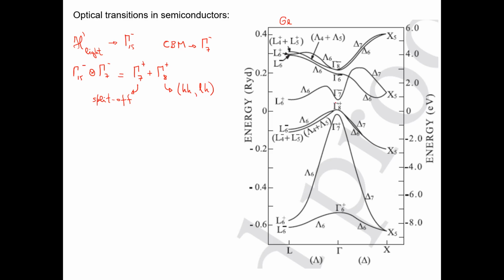So we must expect optical transitions from the split off band and also from the top of the valence band, of course with different energies, right? This is just an example to show you how to find selection rules using double group representations. It's not much different from what we considered before using ordinary groups.